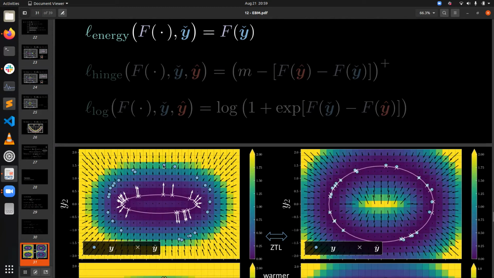So for this particular y, you take the nearest point on the manifold, which is this, and what you're actually doing there is suppressing that energy. You're trying to make that energy zero, and as a consequence, this manifold point gets attracted to this point. That's how Alfredo explains it.